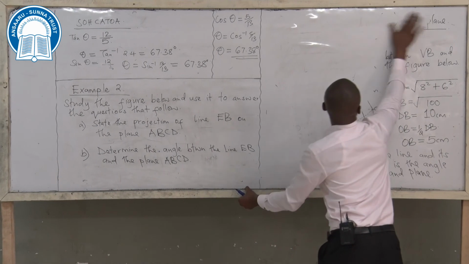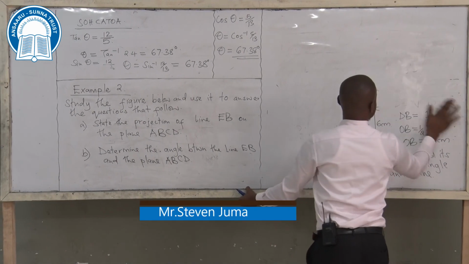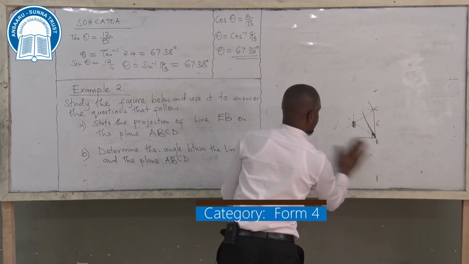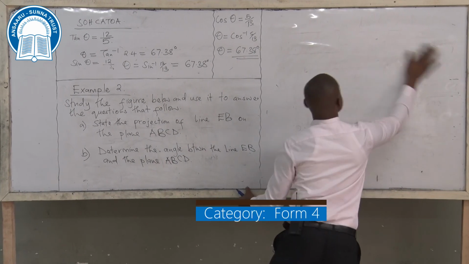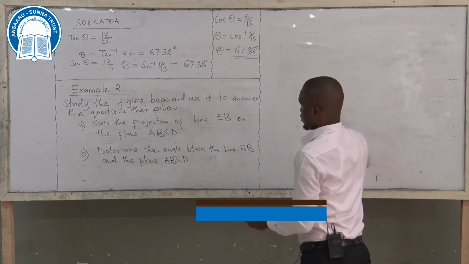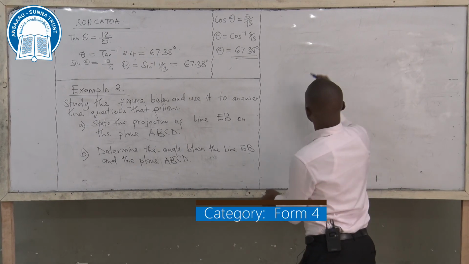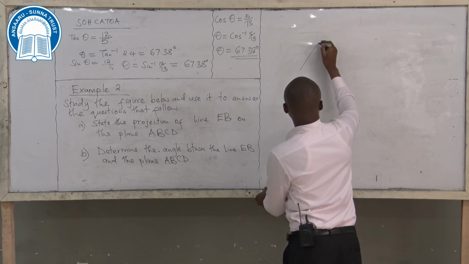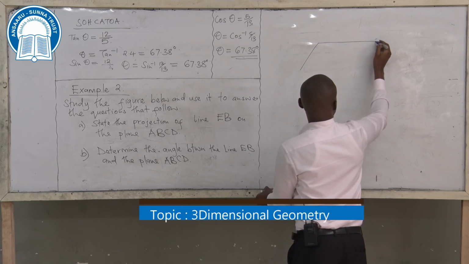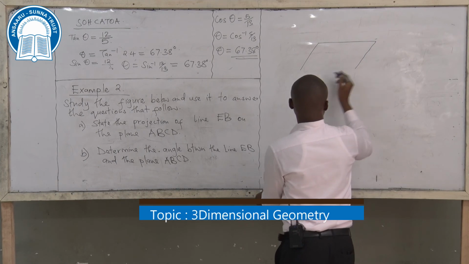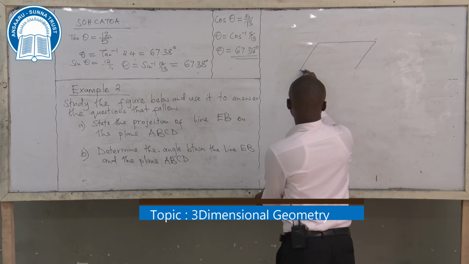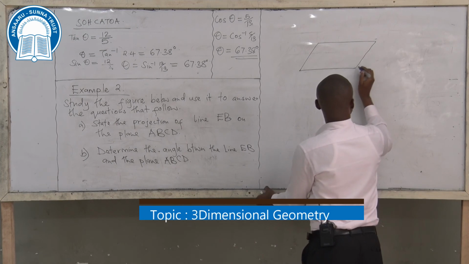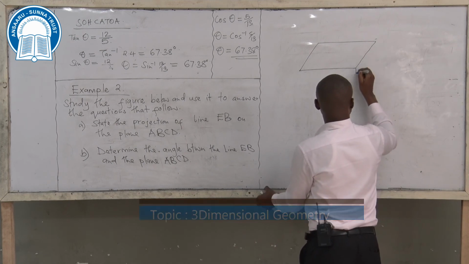I'll draw it very quickly so that you don't kill us here. So we go, this is it. Again, this is just but a cuboid, so that you don't think of a triangle, a pyramid to be the only one that you will be asked questions to do with.